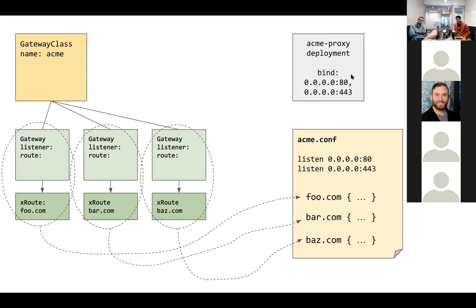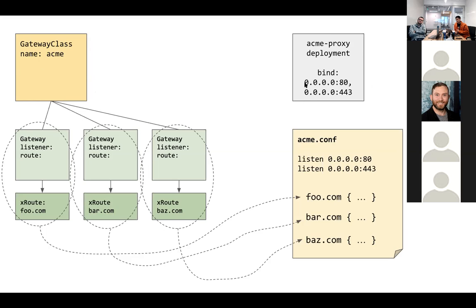One consequence of this, and I am writing this up, unfortunately I was on a plane yesterday night, so I didn't get a chance to write it up, is that most typical users would have a Gateway, and then they could leave the listener block empty, or they could say, I require an HTTP port, but it's up to the Gateway class to figure out how that's bound, what the external IP is, and so forth.